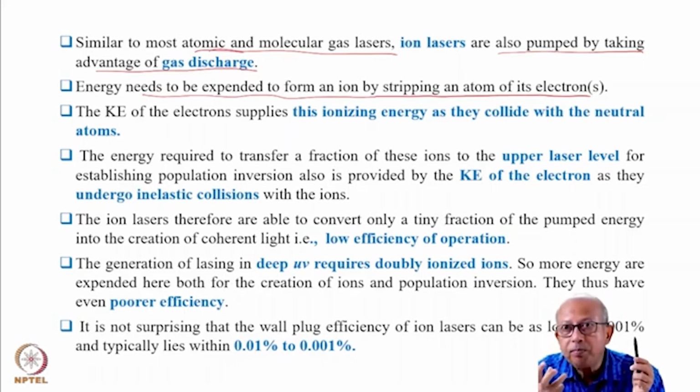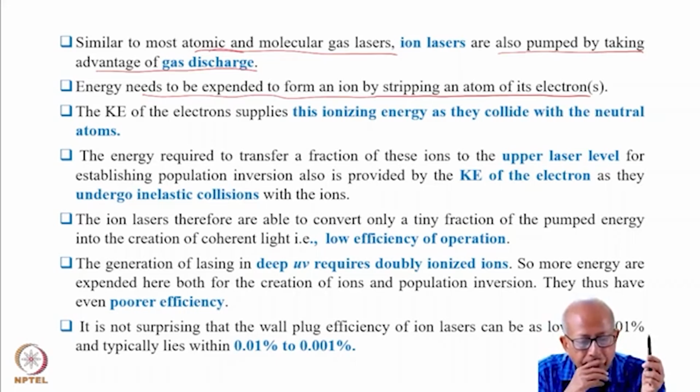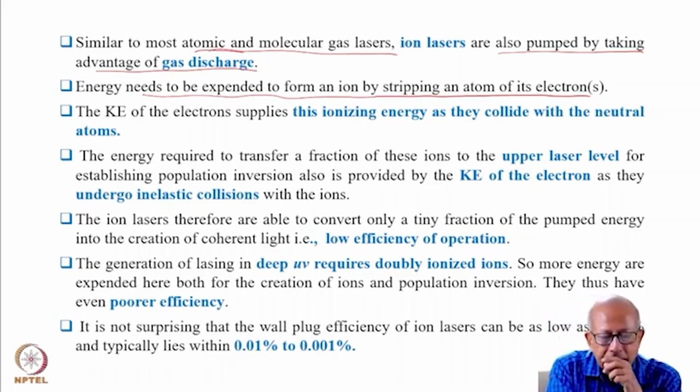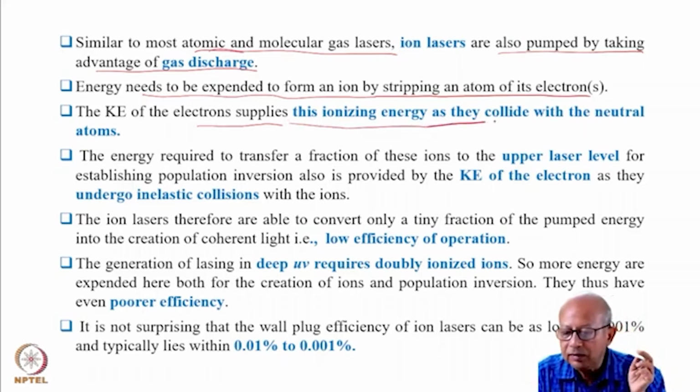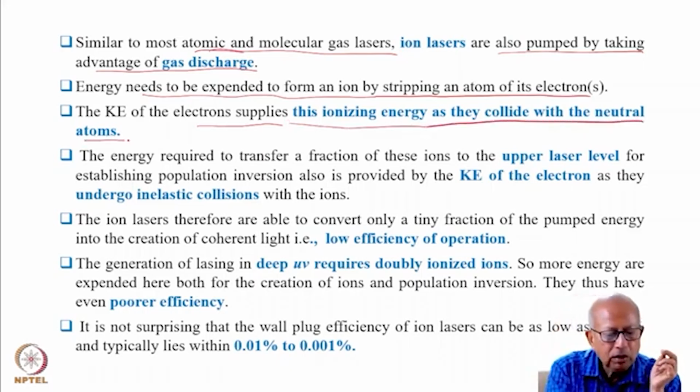You have to strip the atoms of their electron and create ions, which will be your active species, light emitting species. Therefore, the kinetic energy of the electron supplies this ionizing energy as they collide with the neutral atom.